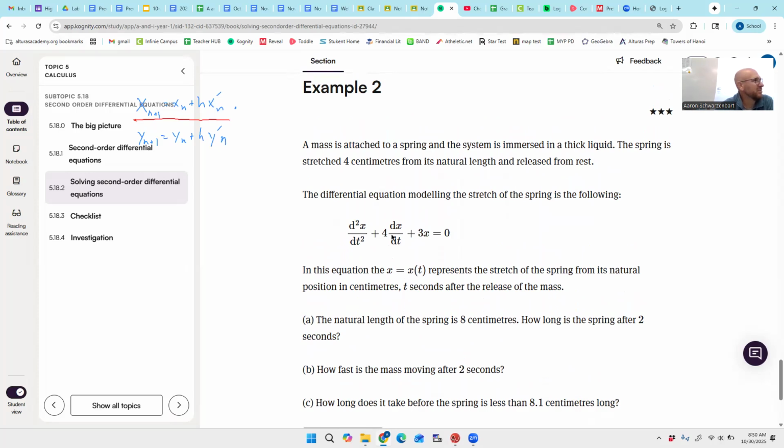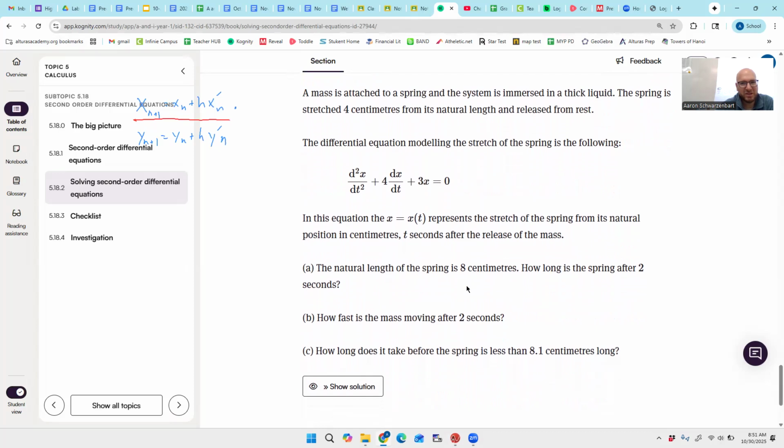We've got it in a thick liquid, maybe an oil, so this is maybe an internal part of an engine. The natural length of the spring is 8 centimeters. In this equation, x represents the stretch of the spring from its natural position t seconds after release. How long is the spring after 2 seconds?